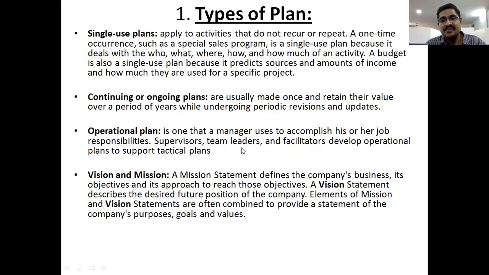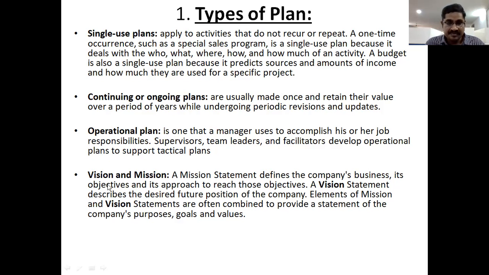So simply, production departmental activities and their planning, HR department and its related activities, marketing department and its related activities, financial department and its related departmental activities all come under operational business plans. Operational business activities and their plans are called operational plans.